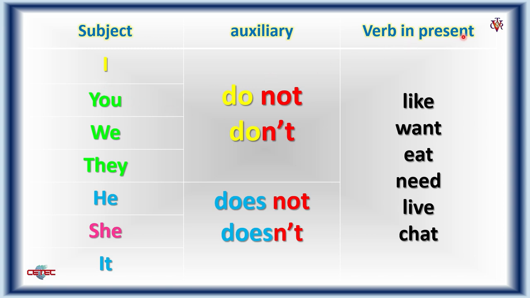The verb in present like want, eat, need, live, or chat. But here, with the subject he, she, it, we're going to use does not or doesn't.